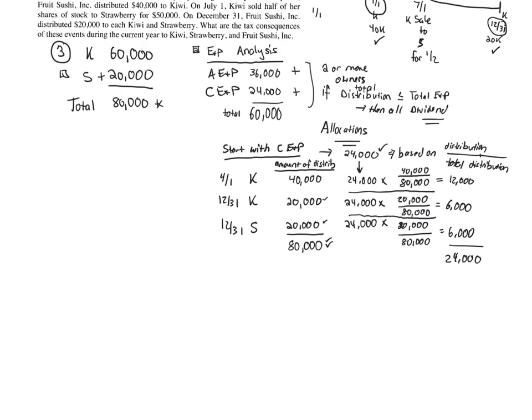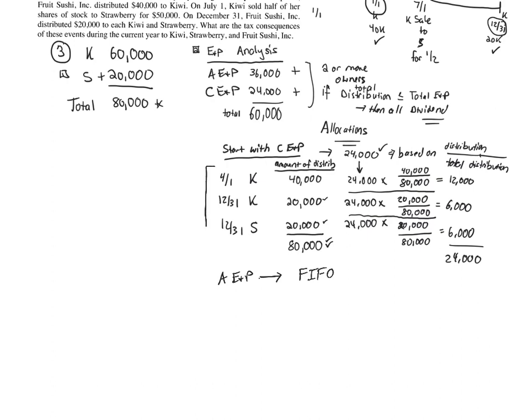Okay, next we do accumulated E&P. You have to do it in order. For accumulated E&P, the rule is it's FIFO, first in, first out. But the idea is that you can only go to the extent it fills up the distribution to the full amount. You can't go beyond that.